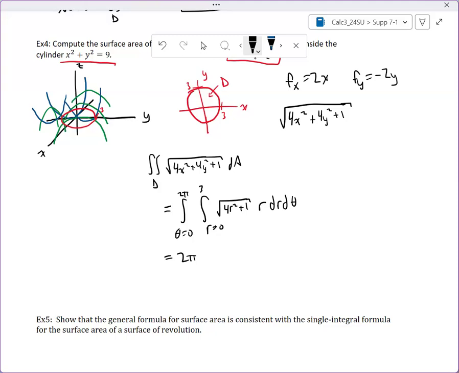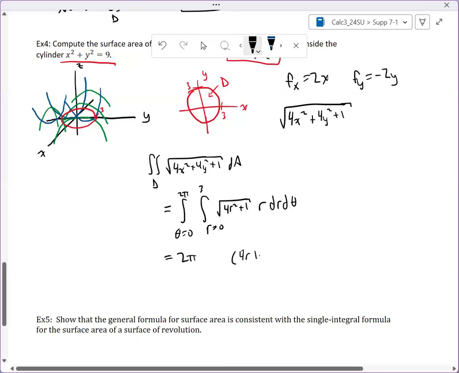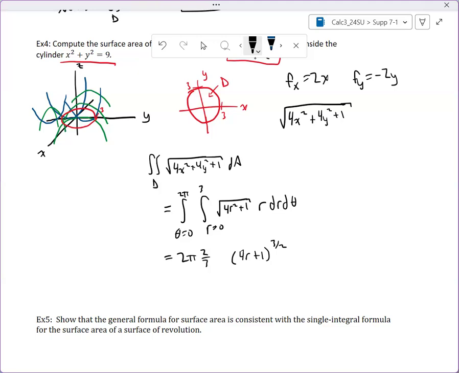And then I want to integrate 4r squared plus 1 to the 1/2 times r. Actually, might need a little more room here. That's going to give me 4r squared plus 1 to the 3/2 over 3/2, or times 2/3.